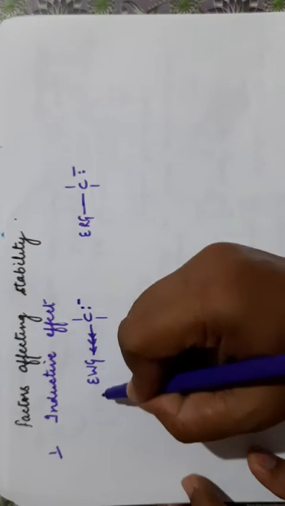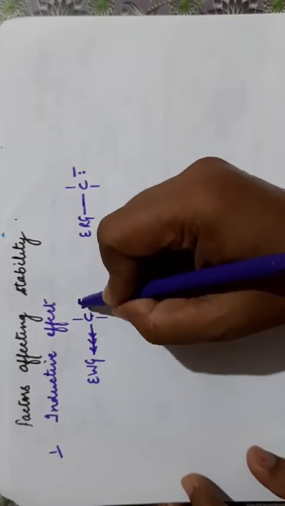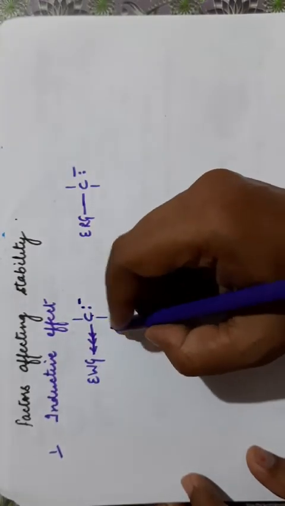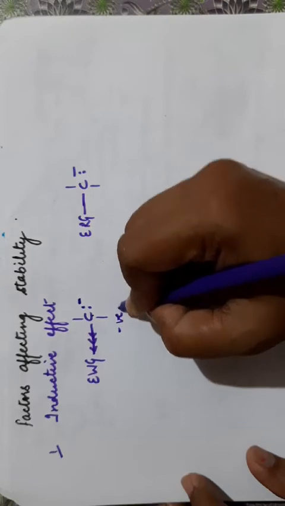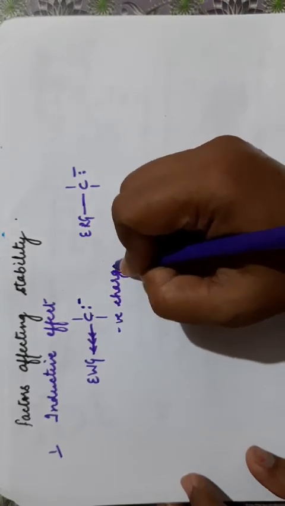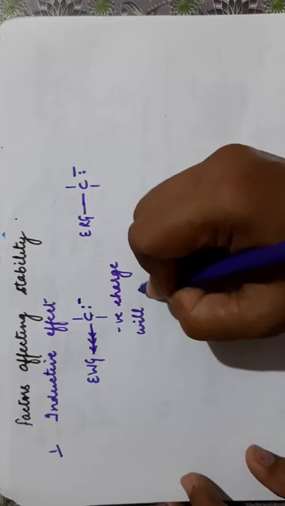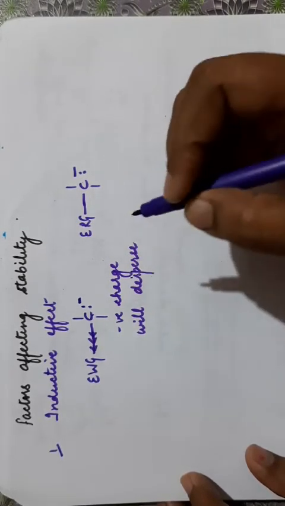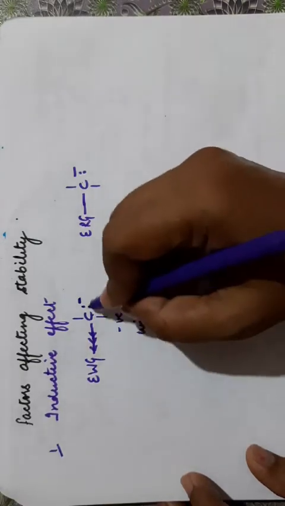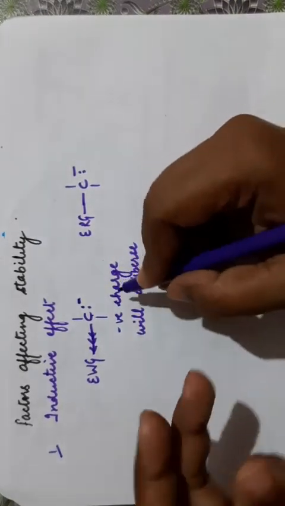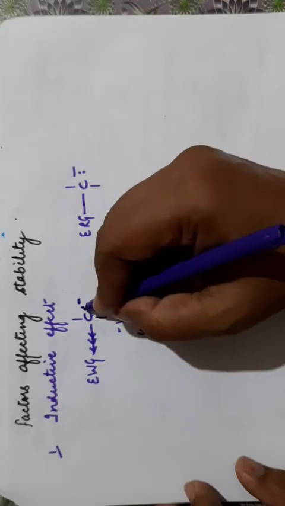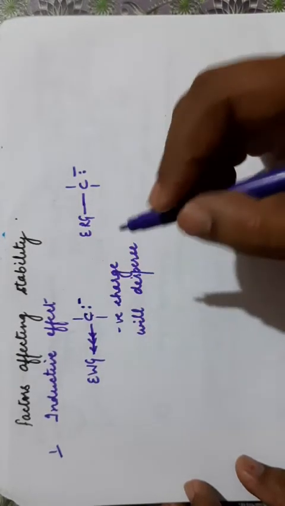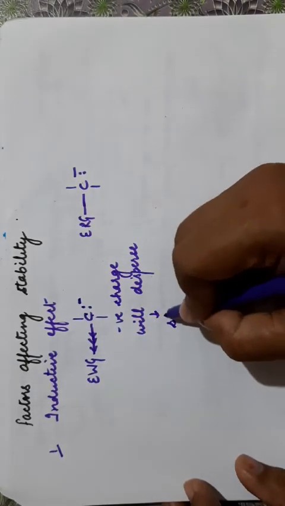If it is withdrawing the electrons away from this carbon, what will happen to the negative charge? The negative charge will decrease or disperse. So an electron withdrawing group helps in the dispersal of negative charge. Dispersed means it is spread to other carbons, so the negative charge over this carbon will get reduced and it will get stabilized.